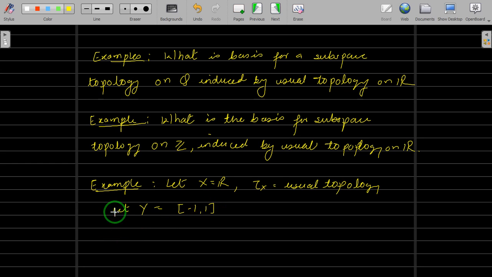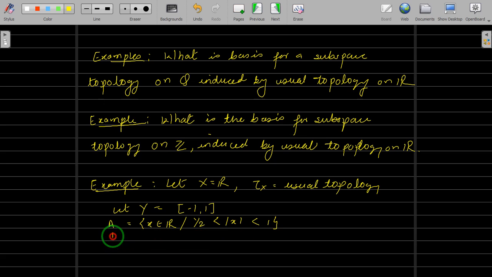Okay, let us take two sets now. Let A be the set of all x belonging to R such that half is less than mod x, which is less than 1. This is one set.